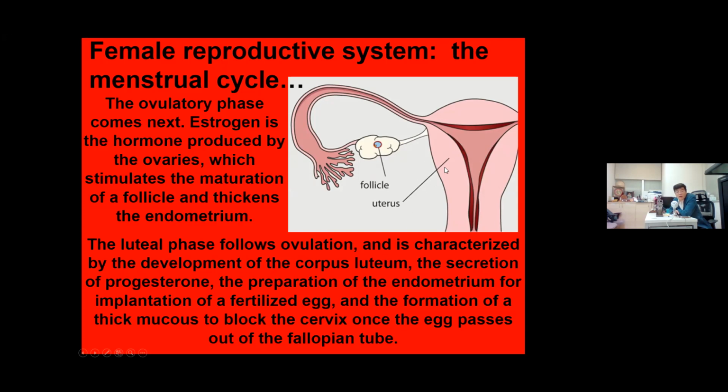Then the next month we have a new endometrium. When the ovum and the sperm get fertilized, the fertilized egg will implant in the endometrium. So the endometrium, we call the receptivity for the implantation.